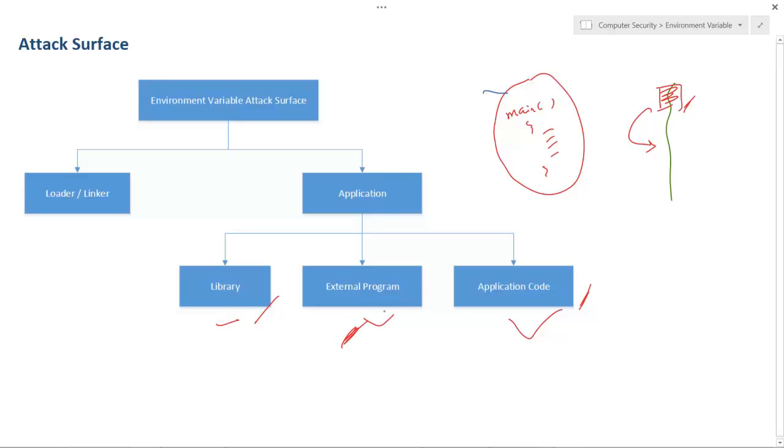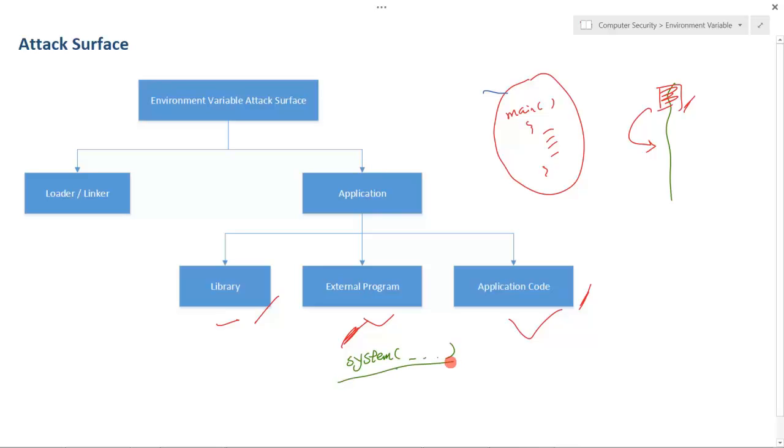In this case, a program doesn't use the environment variable itself, but it calls an external program. That is system, not execv, okay? If you use execv, you're okay, because execv doesn't call an external program.